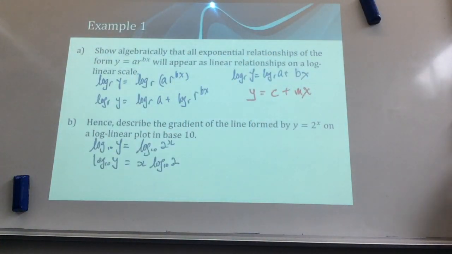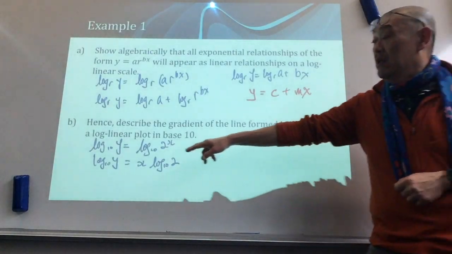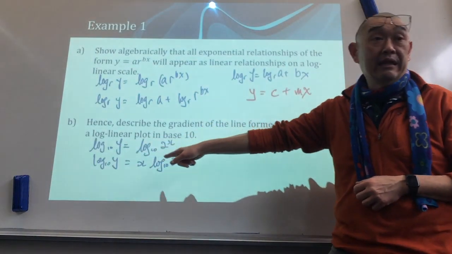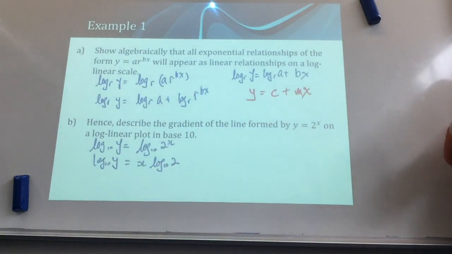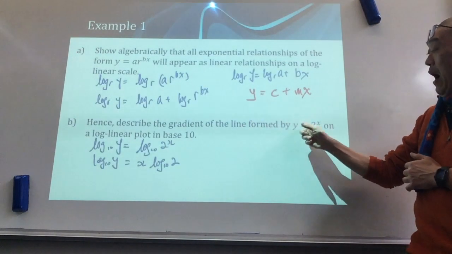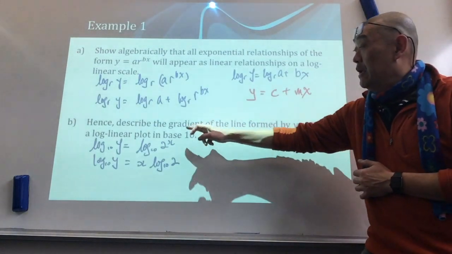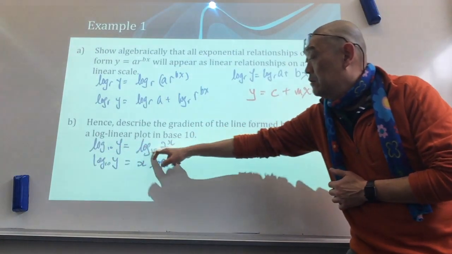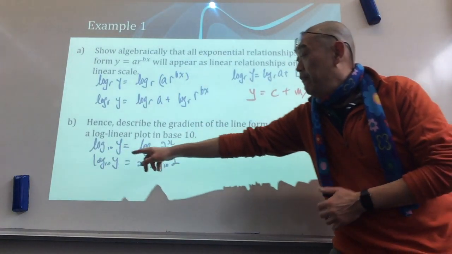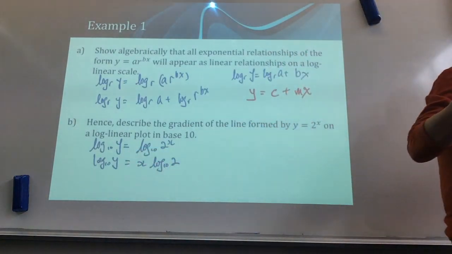So now, can you describe the gradient of the line formed by this? Use log on both sides. So if I use log of base 10, what would happen here? Log of y is variable because y changes based on x, right? So now if y equals 2 to the power x, if I plot a log linear graph, I've got log 10 of y equals log 10 of 2 to the power x. So therefore log 10 of y equals x times log of 2.